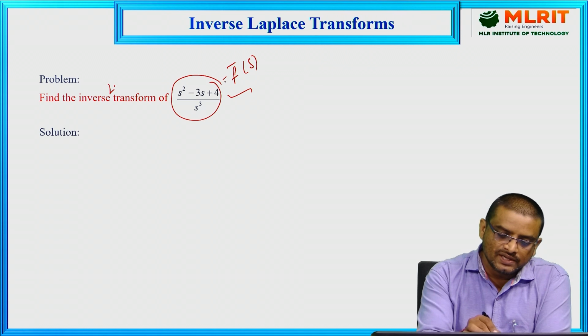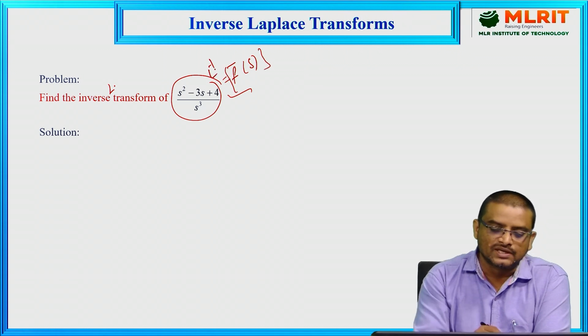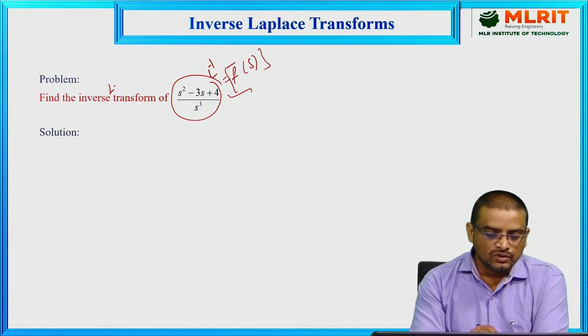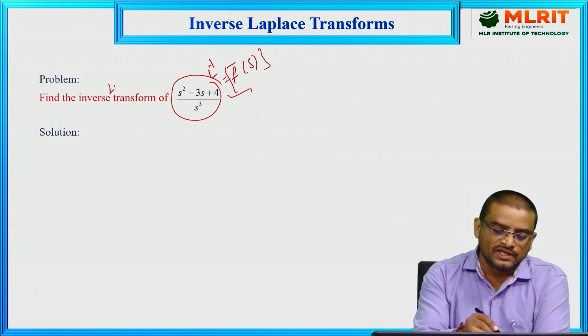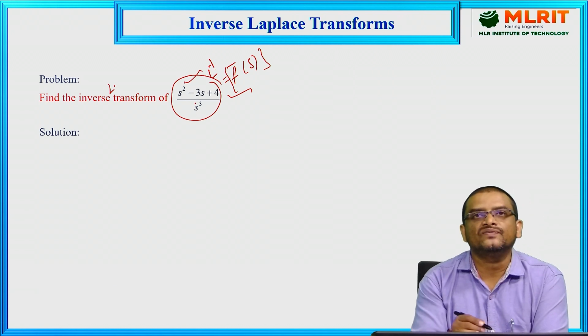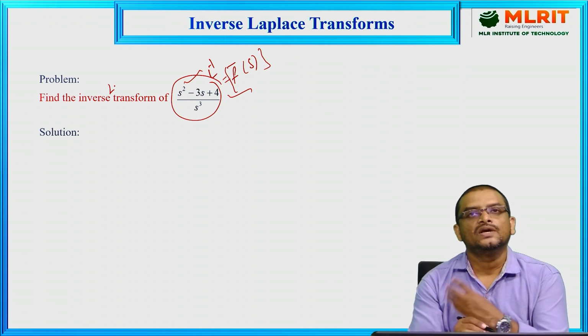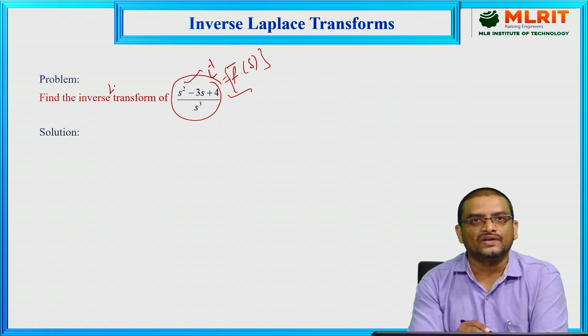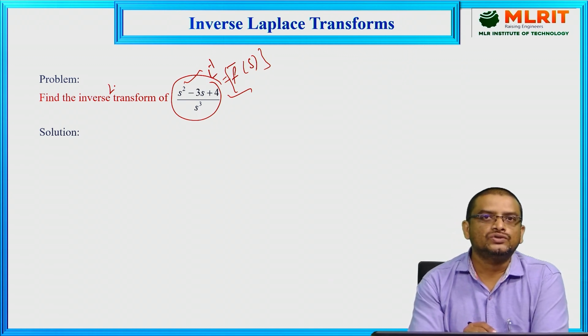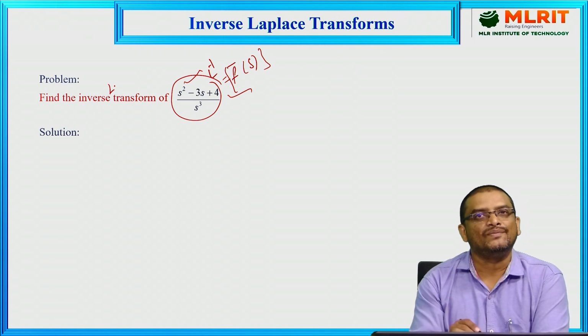For this f bar of s, we have to apply the L inverse, that is, the inverse Laplace transform. Once we apply the inverse Laplace transform, what will be the function in terms of t? That is, we have to get the value of f of t. Now we will see how to apply this inverse Laplace transform in order to transfer the function from the frequency domain to the time domain.